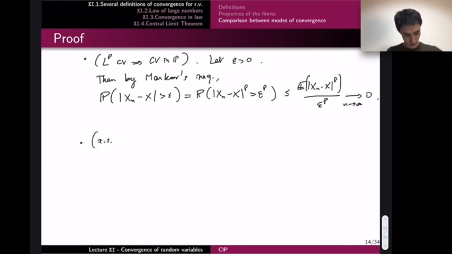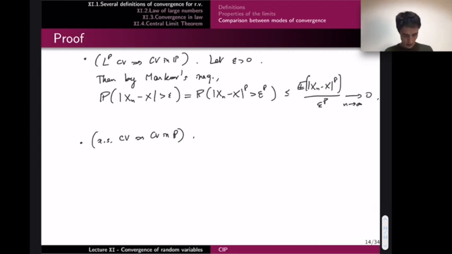And now I want to prove that almost sure convergence implies convergence in probability. Again, I have two ways of proving convergence in probability now. I can either do it by fixing epsilon, or I can use the distance that metrizes convergence in probability. That's what I will do here.